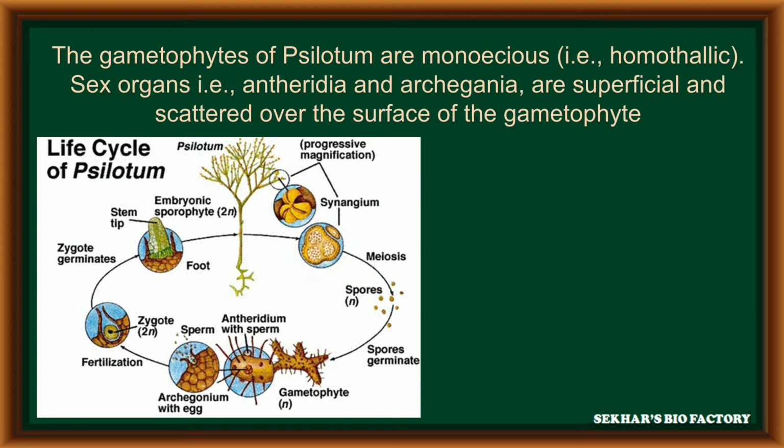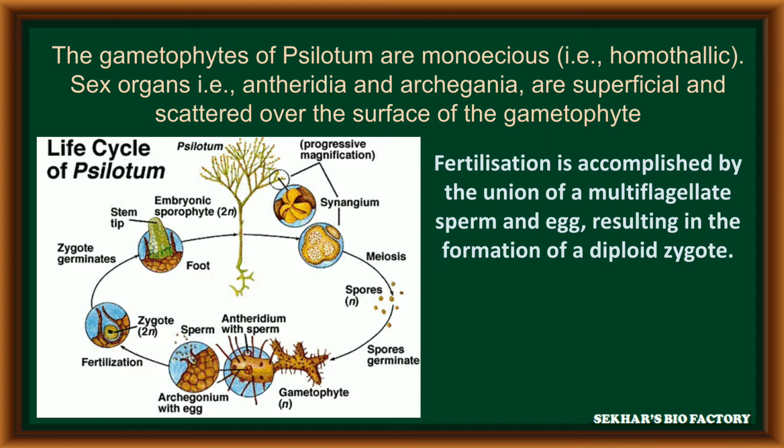These spores form a gametophyte which is monoecious and homothallic, having antheridia and archegonia as sex organs. These sex organs are superficial and scattered over the surface of the gametophyte.